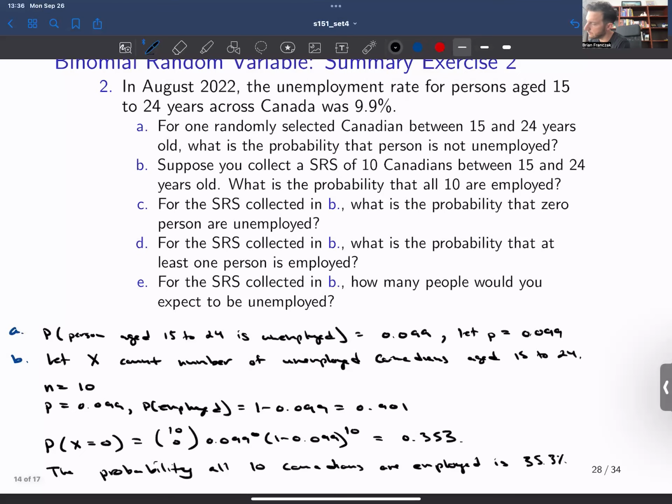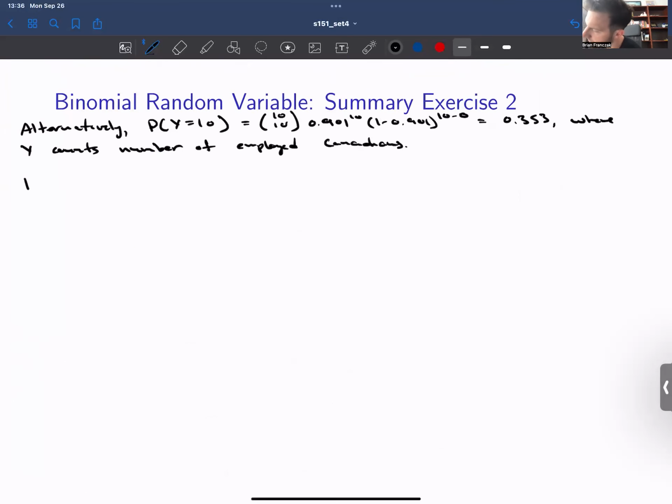The probability that 0 people are unemployed is the same thing as the probability that everyone is employed, at least in the context that I'm interpreting it.